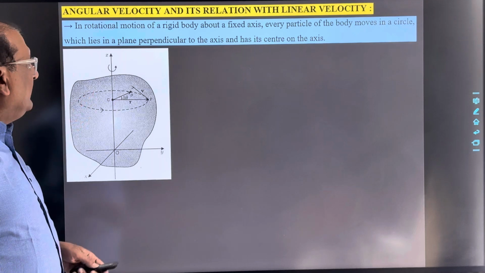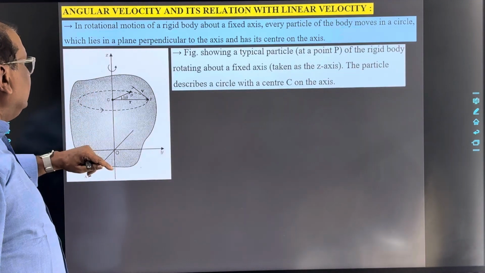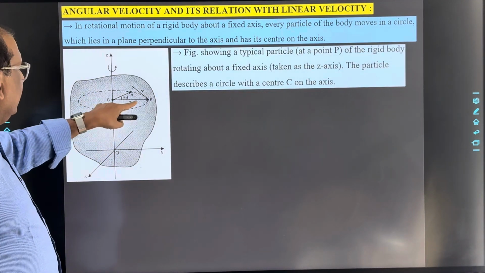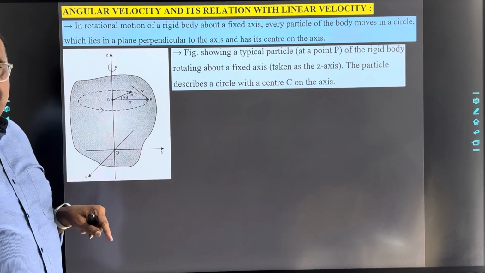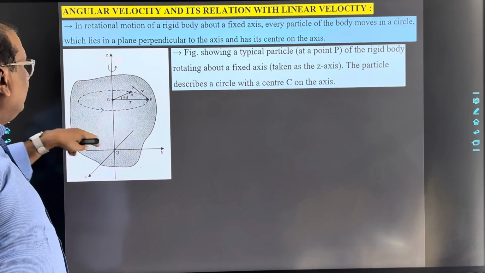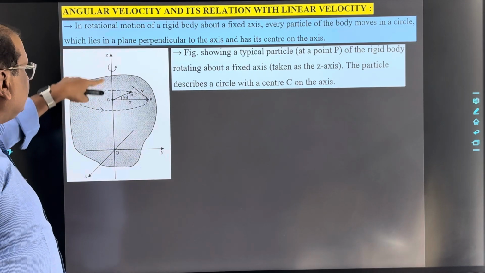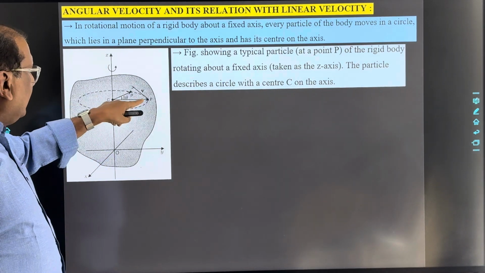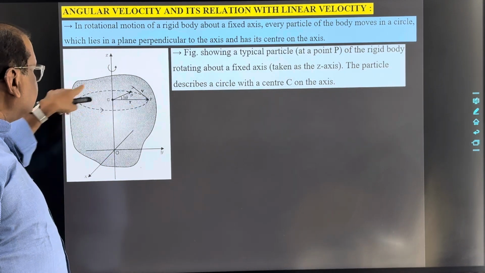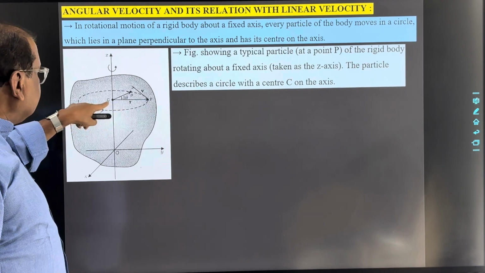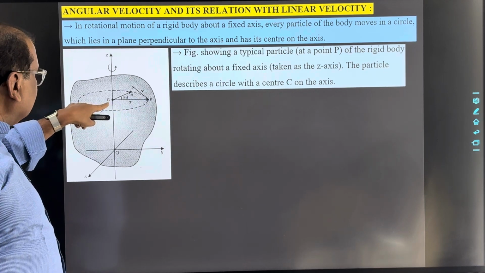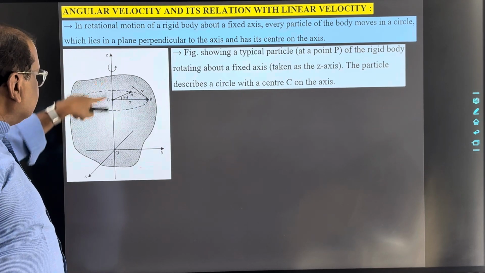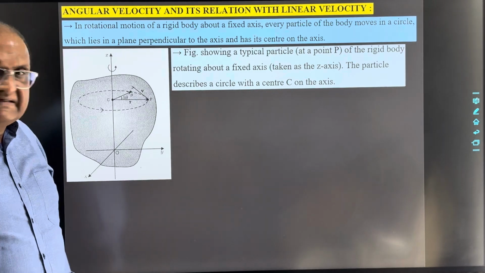As shown in this particular figure, suppose we consider any point P of this particular rigid body, which is rotating with respect to this Z axis. So here particle P is executing circular motion, and the center of its circular path, C, lies on this rotational axis.